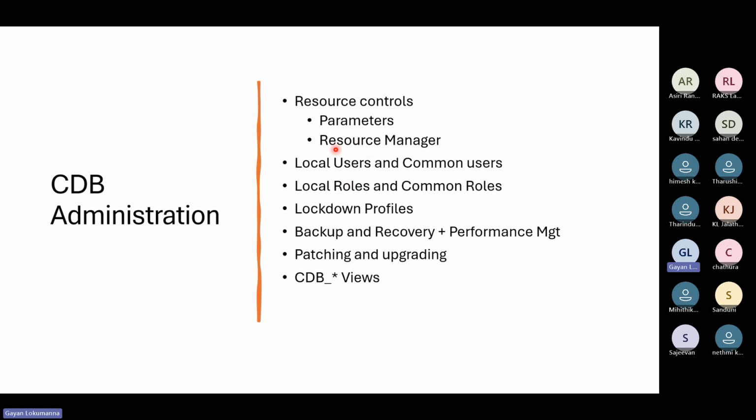Likewise, you can configure resource manager plans and activate them based on the time that you want, or make it a static entry as well, so that dynamically the resources will be allocated based on the priorities that you have across your PDBs.